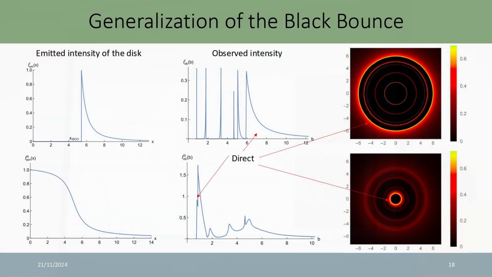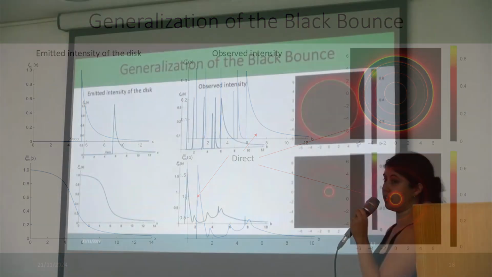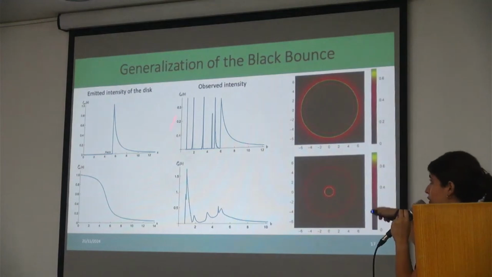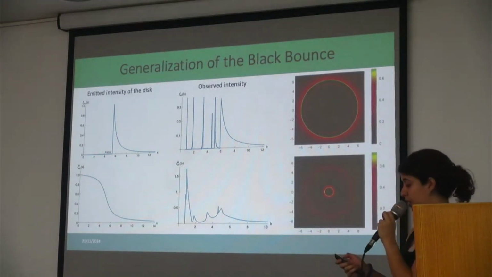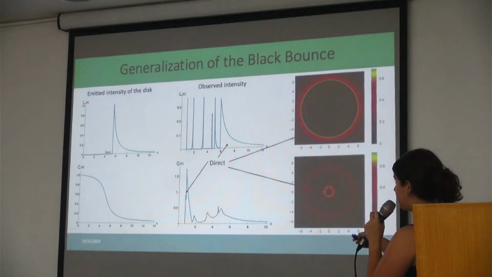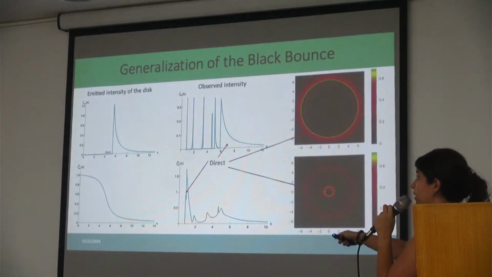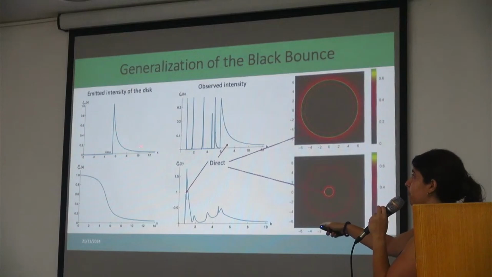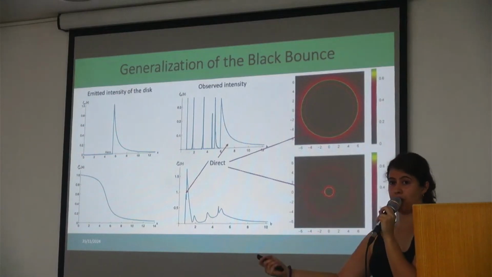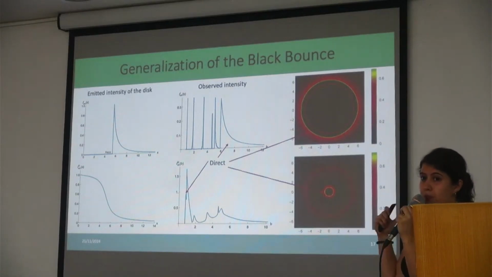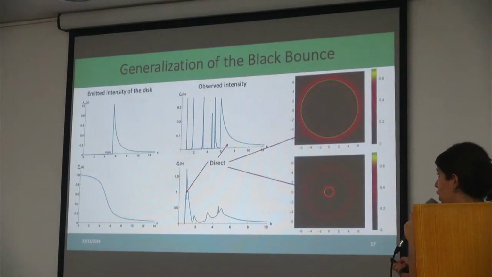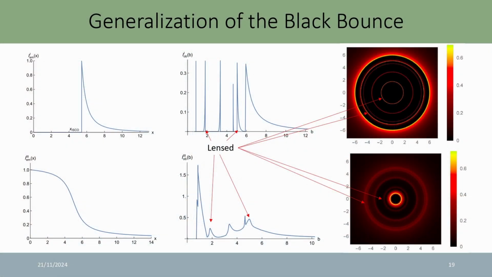If we check this case here, it's actually funnier, okay? These are two types of emitted intensity profiles. These are the observed intensities, and this is what we would see. We have the direct emission, which basically reproduces the profile of the emitted intensity, and as you can see, it's the one that you can see best. Then we have the lensing rings.